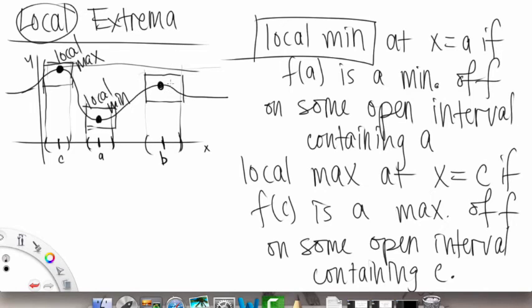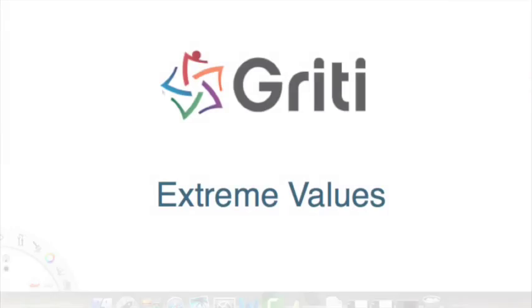And yes, in this box, it does look like a maximum, right? So this is also a local maximum, even though it might be overshadowed by this guy over here because it's higher, but we're not in that area. I didn't extend the interval that far left. So in this little interval right around the area, locally around B, this is a maximum. So therefore, it is a local maximum.